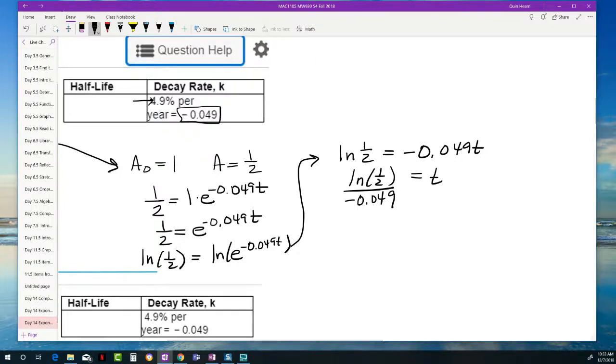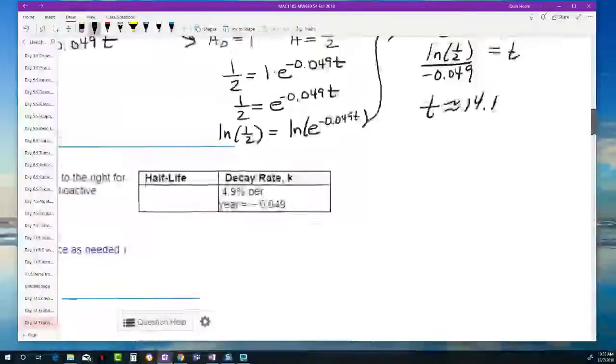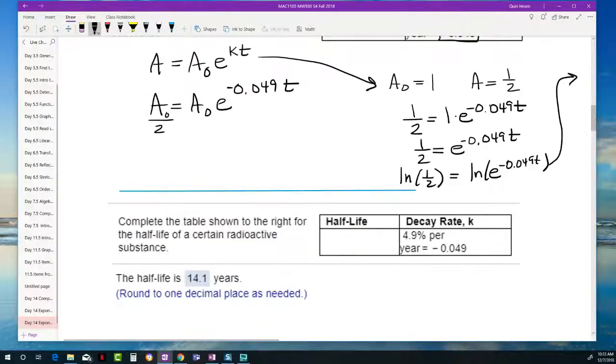So t is approximately 14.1. In my math lab, they wanted to round to 1 decimal place, so I did it right. So the half-life that you should give is 14.1 years.